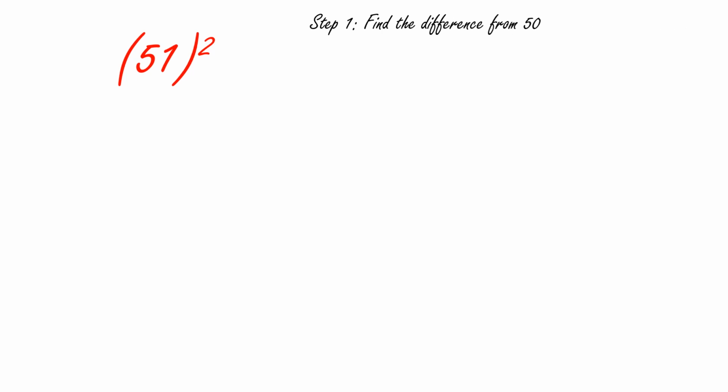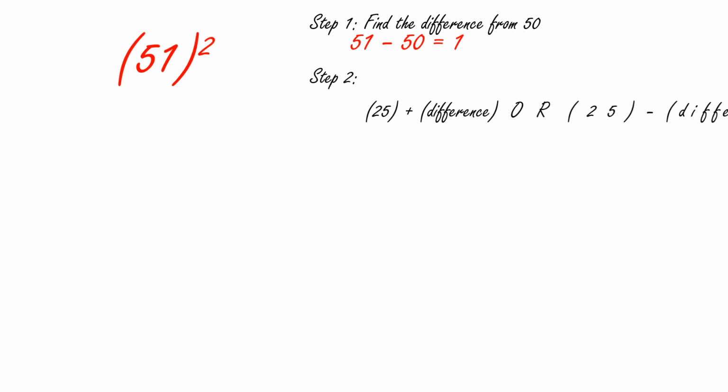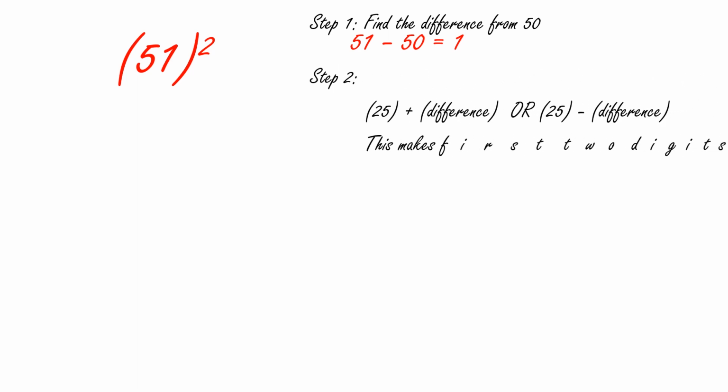Now the second question is 51 square. Again, follow the same steps. The difference from the base is 51 minus 50, that's 1. Step 2, 25 plus or minus the difference. While finding 49 square, 49 was less than 50, so we subtracted the difference from 25 and did 25 minus 1, that was 24.